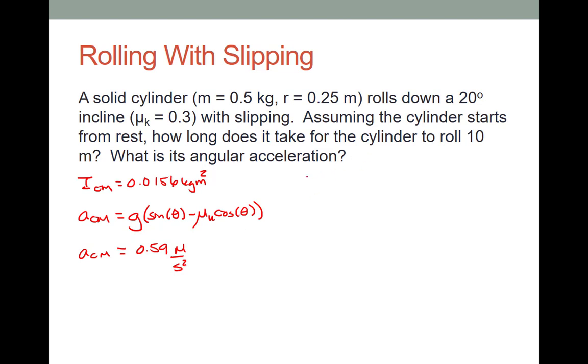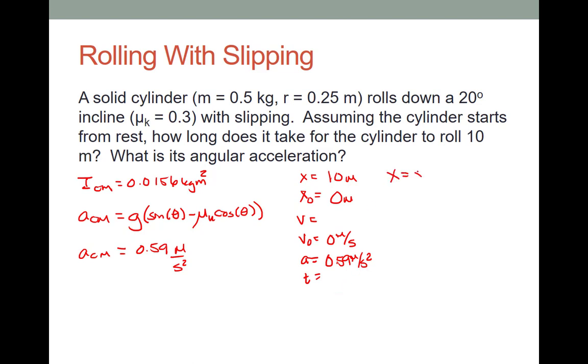Given that this is the same setup as the previous one, we are again going to go to kinematics. Some values change. Assume initial position will be 0, final position will be 10. Initial velocity of 0, again, starts from rest. Our acceleration is 0.59 meters per second squared. And we want to find time.